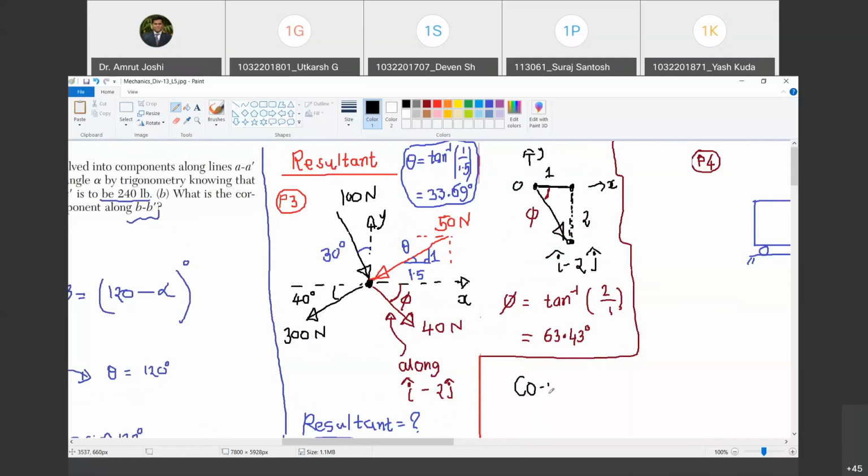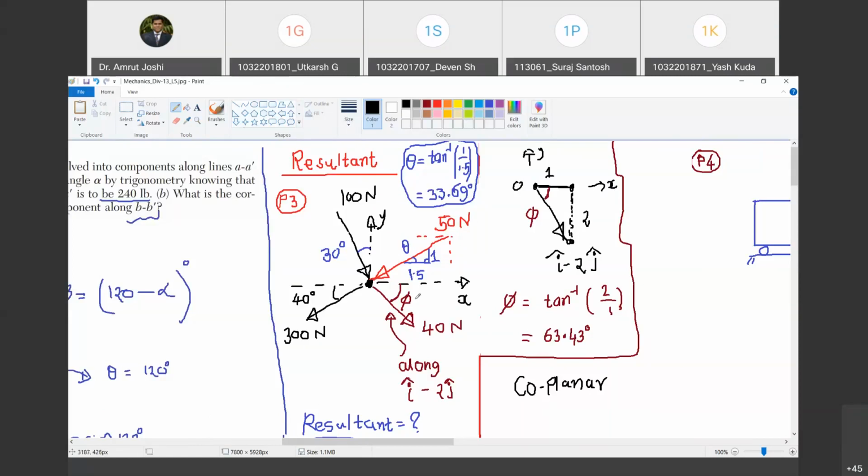So what is a coplanar force system? When lines of action of all the forces do lie in a single plane. Mind you, not necessarily the xy plane. It can be the yz plane, the xz plane, or any other inclined plane. But as long as lines of action of all the forces do lie in that plane, we are going to call it a coplanar force system.